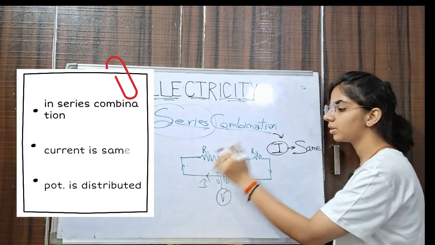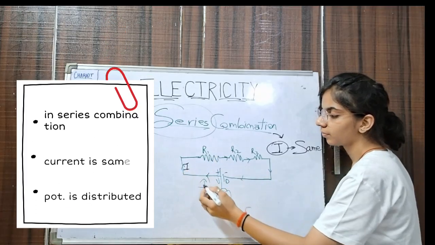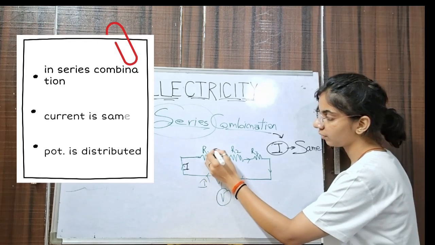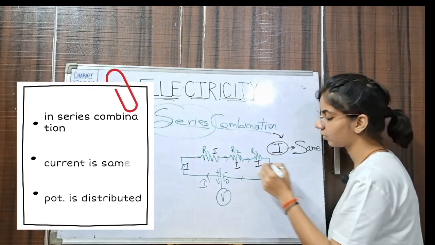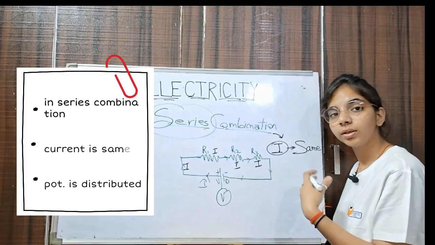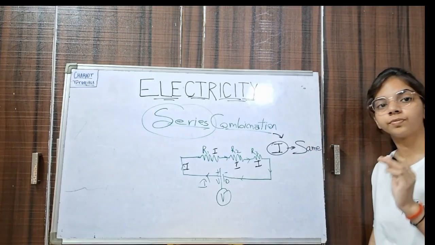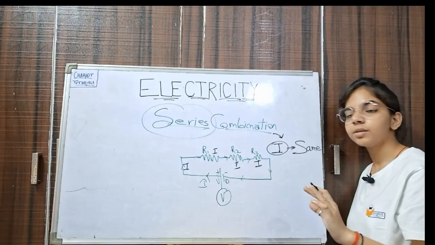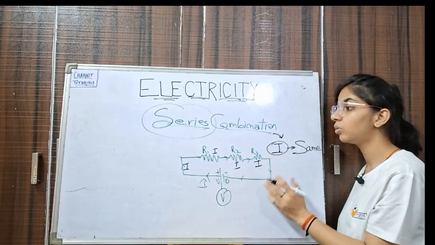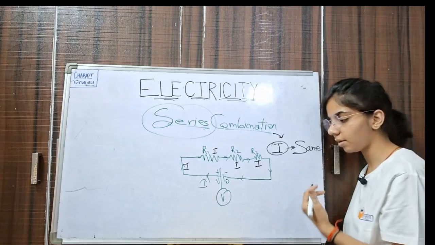That is, in R1 also the current I will flow, in R2 also current I will flow, and in R3 also current I will flow. That means the current through each resistance will be the same. This is the significance of series combination. In series combination, the current through each resistance will be the same.